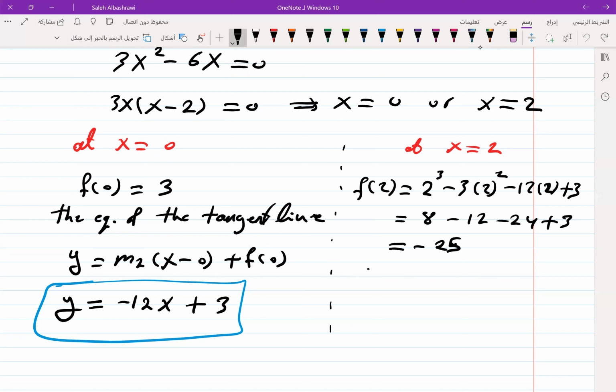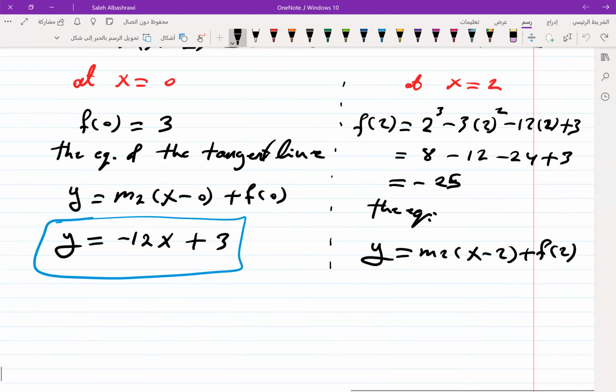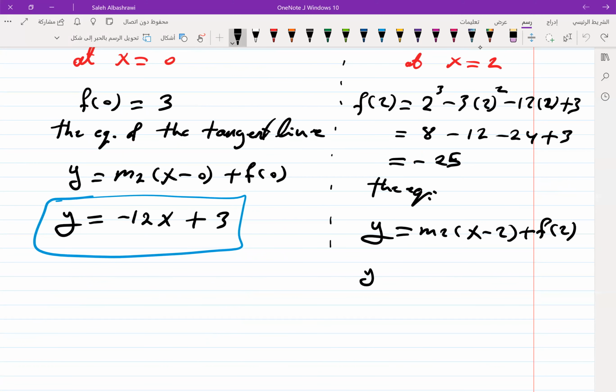So the equation will be y equal to, again, m2 multiplied by x minus 2 plus f of 2. So y equal to minus 12. This is the slope of the tangent or perpendicular line, which is minus 12 multiplied by x minus 2 minus 25.